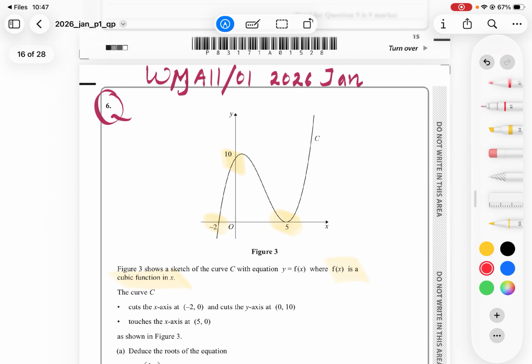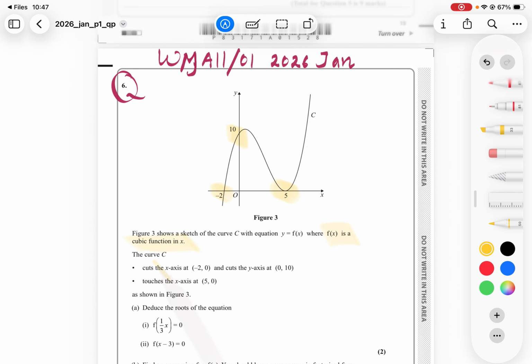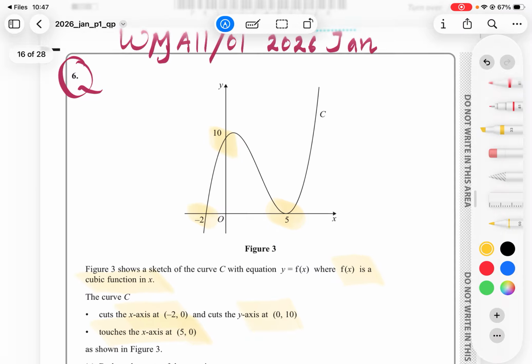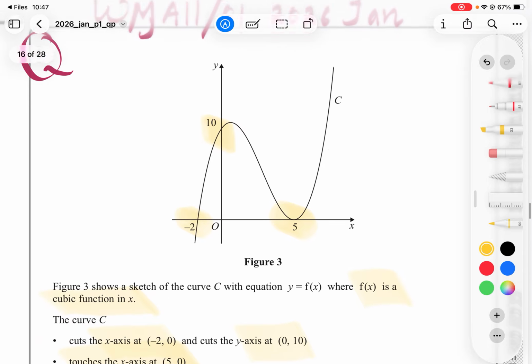Now this is the -2 coordinate, and here it touches at this one. So these are the information that we have for the graph currently, which we already highlighted.